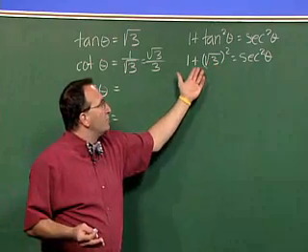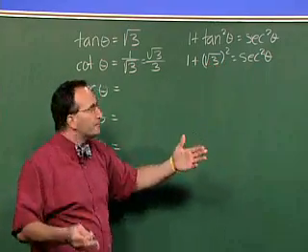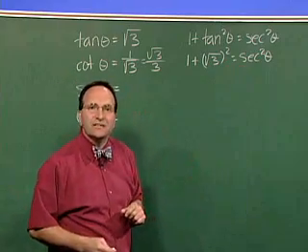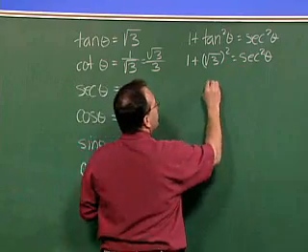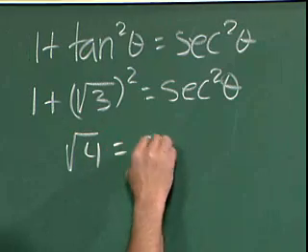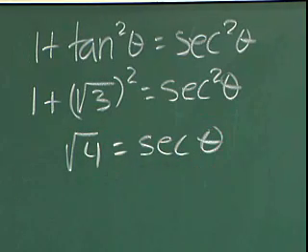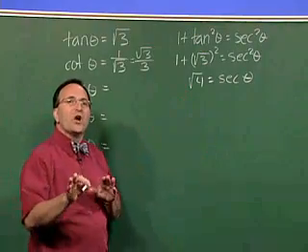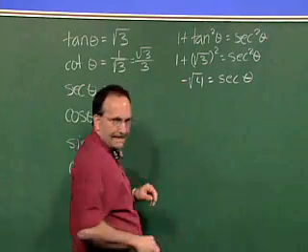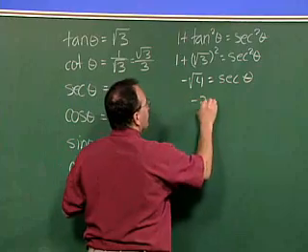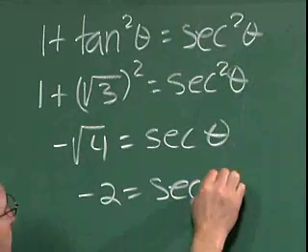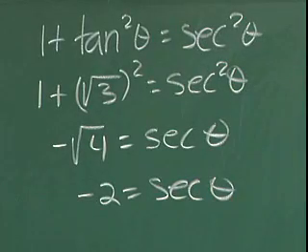So we have 1 plus 3, which is 4, equals secant squared theta, which means the square root of 4 equals secant theta. And again, in this particular case, we know that it's going to be negative. So we have negative 2 equals secant of theta.